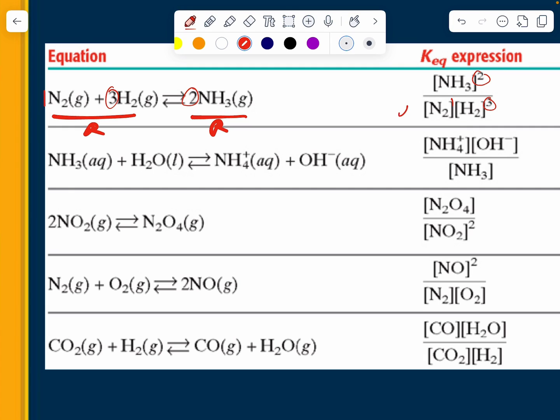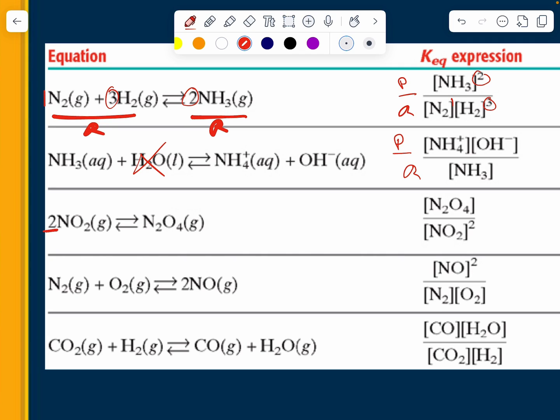Those are reactants, this is gonna be the product. For the same, there is no water in the reactant side. Why? Because it's liquid and not unchanged. Here all the coefficients are 1, so all the powers are 1.